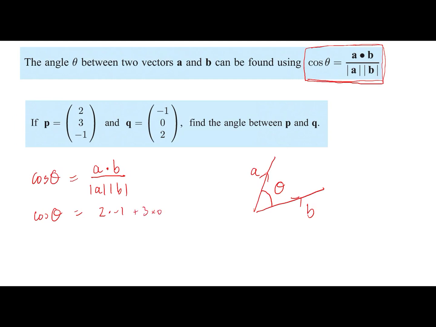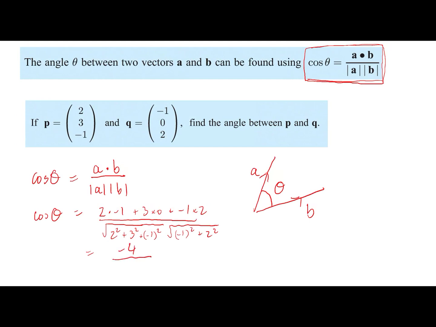by finding the dot product first. So that's going to be 2 times minus 1 plus 3 times 0 plus minus 1 times 2, divided by the magnitude of P, which is the square root of 2 squared plus 3 squared plus minus 1 squared, just a bit of Pythagoras there, times the square root of minus 1 squared plus 2 squared.